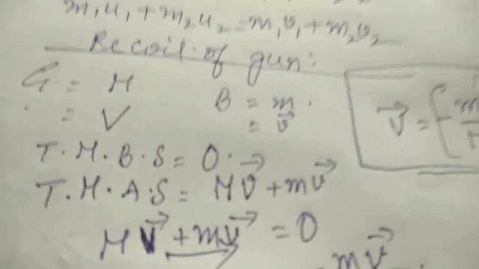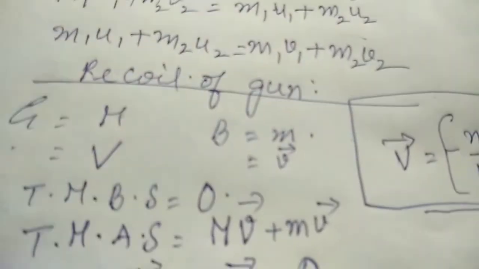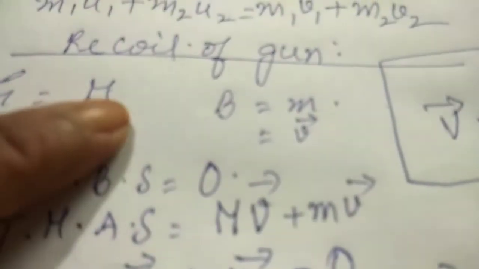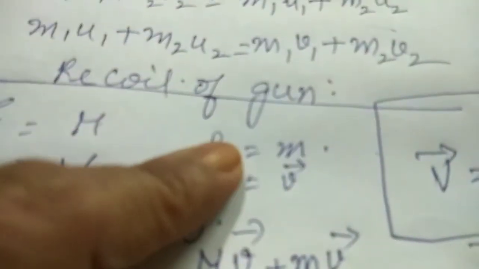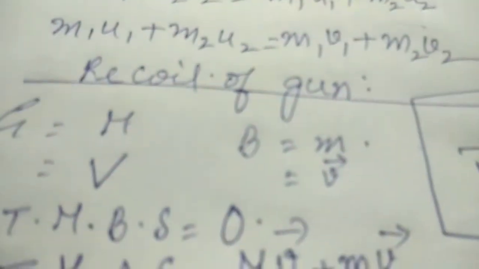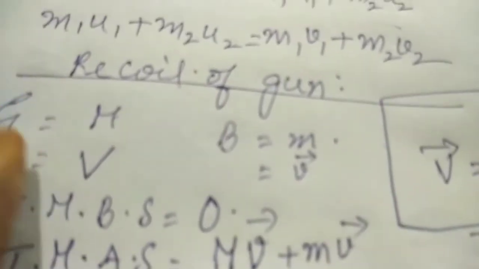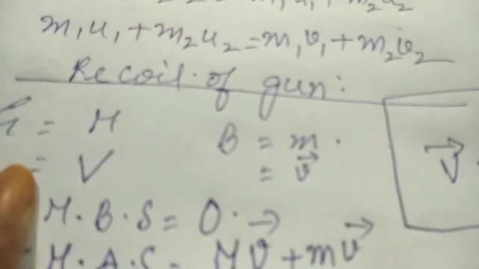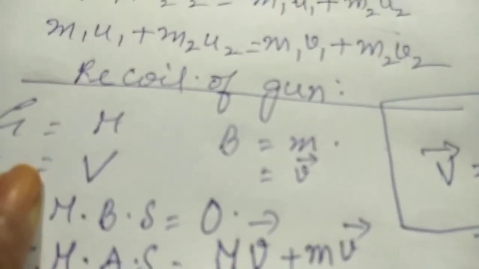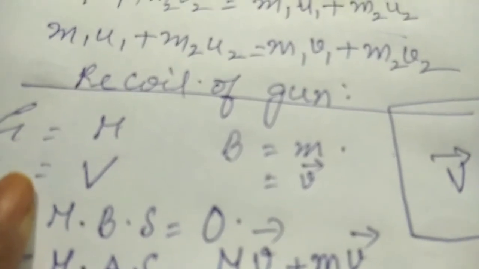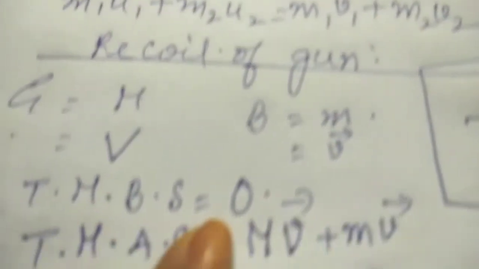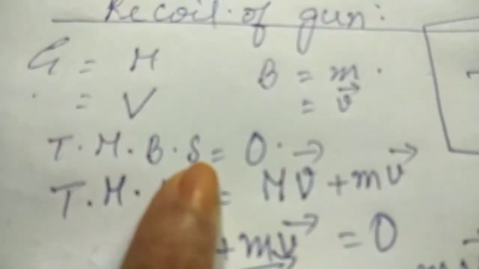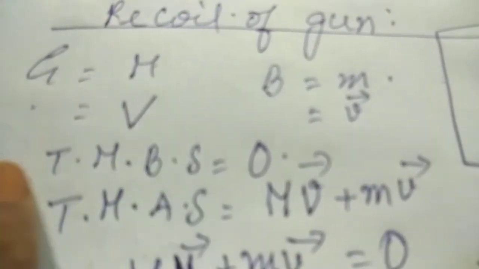So recoil of a gun, what we have considered: the gun mass is big, so capital M. Bullet mass is small m. Velocity of the gun before is 0, after is V. So total momentum before shooting for the gun is 0.